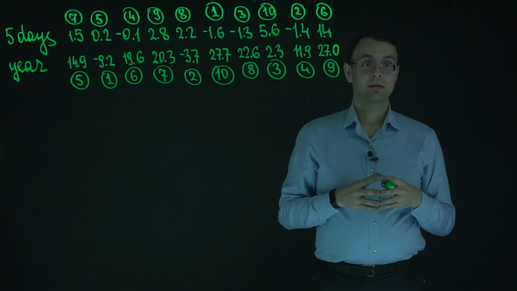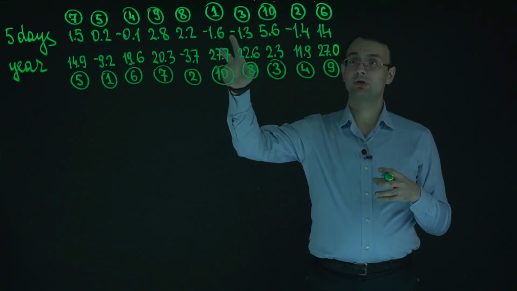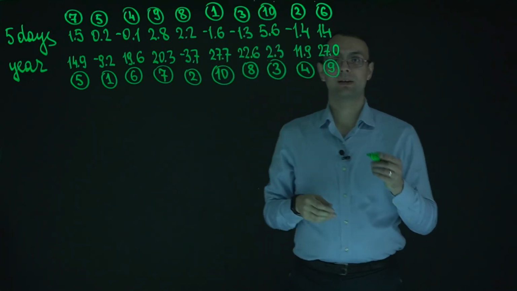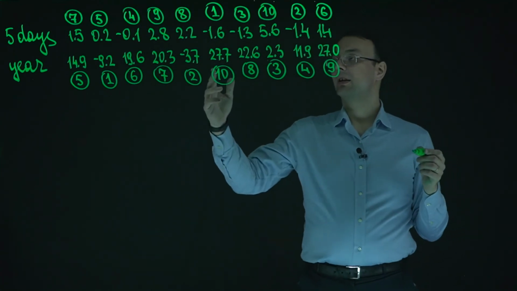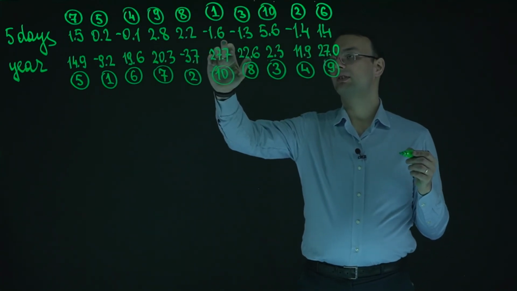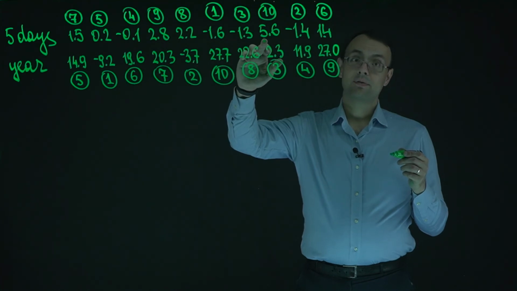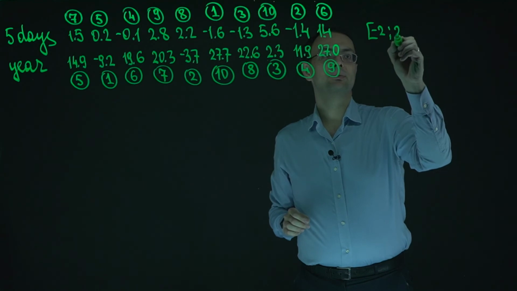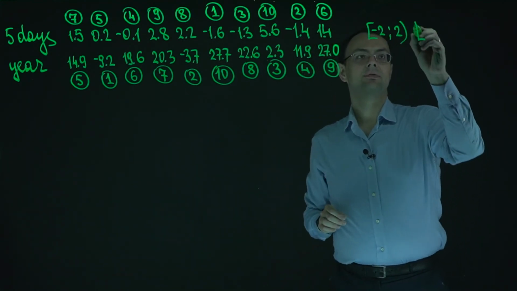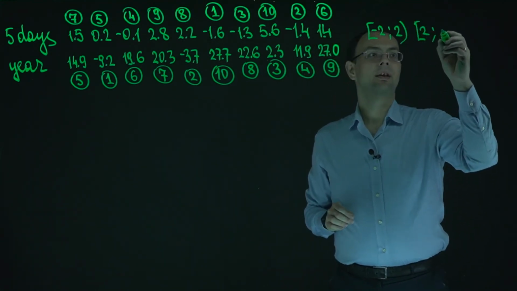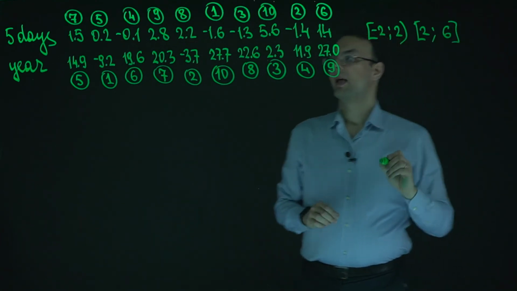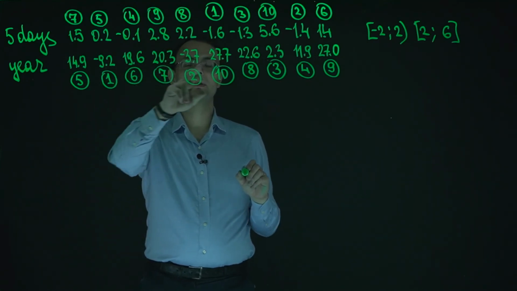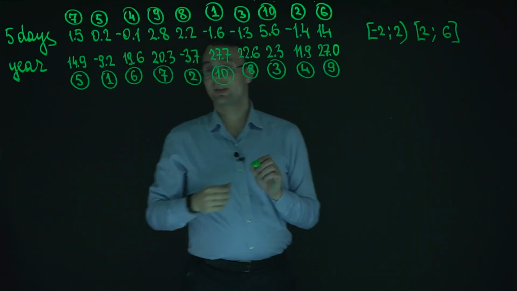So let us divide the range into two intervals for the first variable and for the second one. For the first one, the minimal value is minus 1.6 and the maximal is 5.6. Let us say that the intervals are from minus 2 to plus 2 and from plus 2 to 6. Here the minimal is minus 9.2 and the maximal is 27.7.